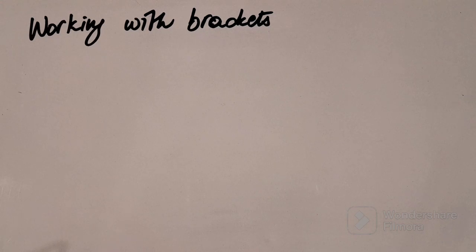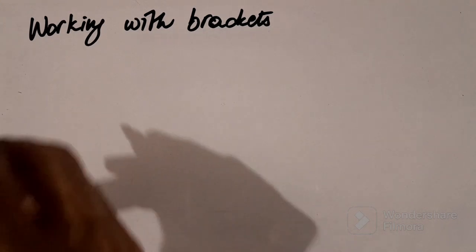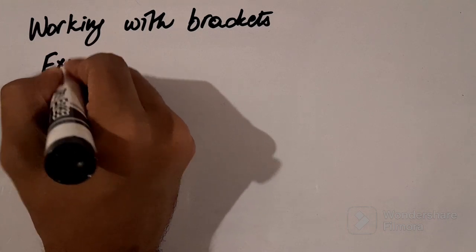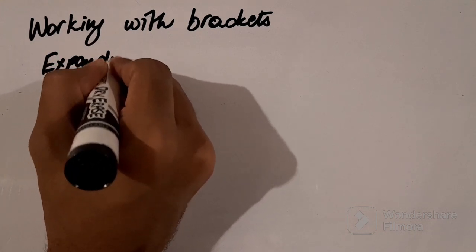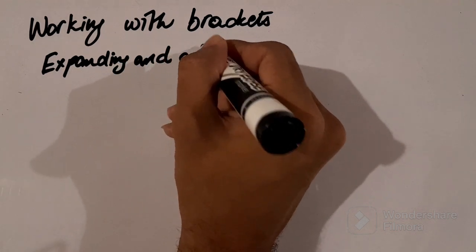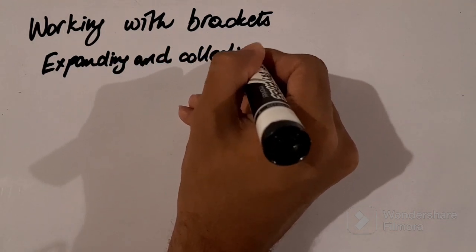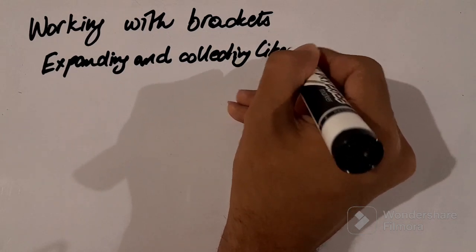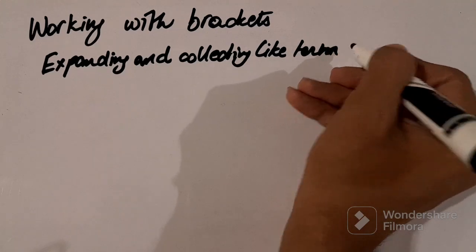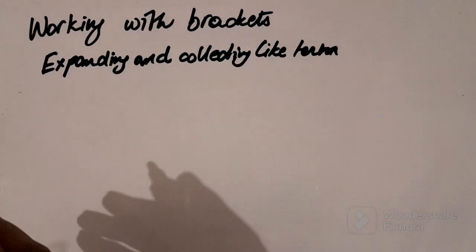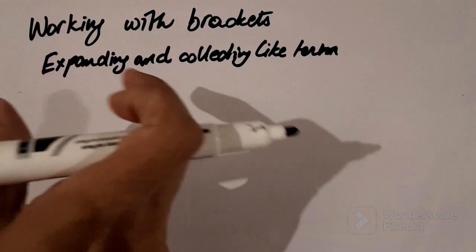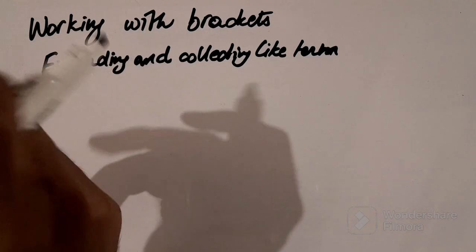So another type of working with brackets includes expanding and collecting like terms. So what we will do over here is, first we will expand the brackets, then we will add all the numbers together which are similar.